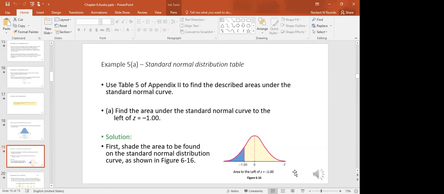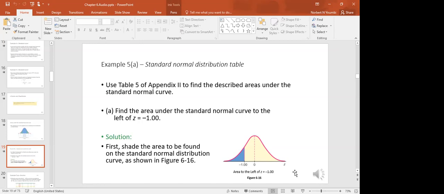Now I can only know the left area, which is the probability that Z is less than or equal to. So then I will take the area to the left of b, that is all of this, minus the area to the left of a. Okay. If you have TI-83, you don't really need to understand this because we are going to use it. But I want you to know how to use the table.